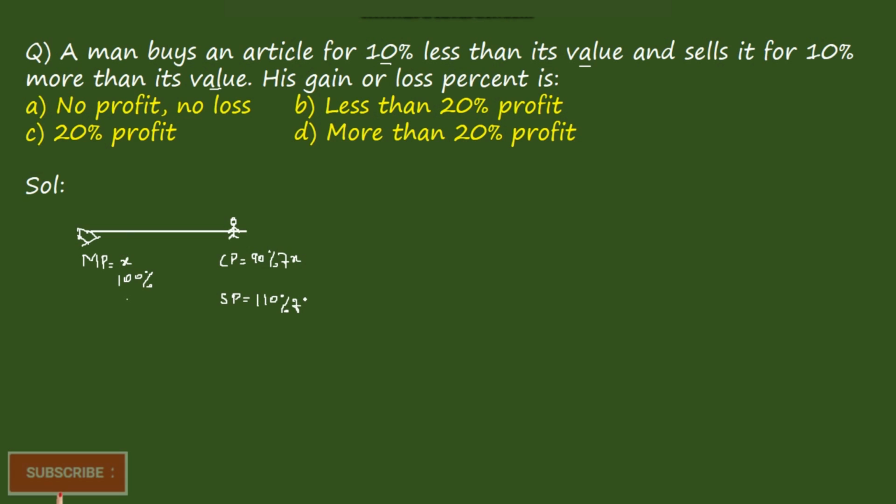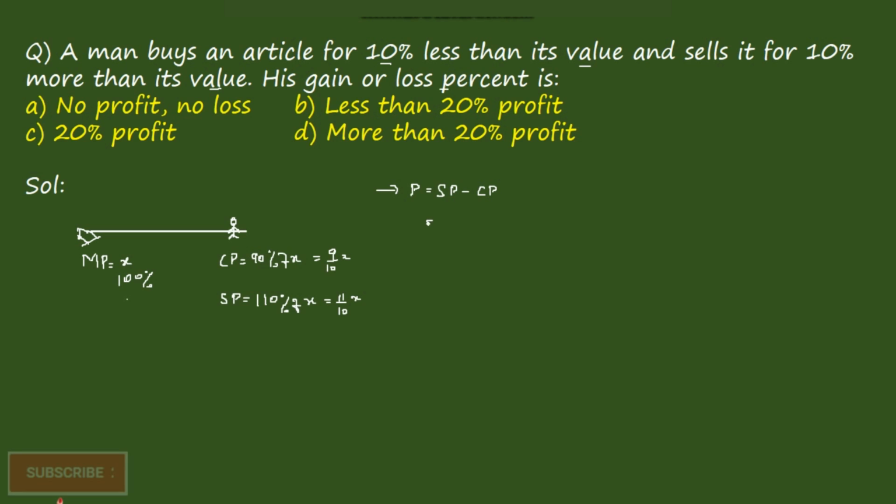percentage of X, right? Now they're saying his gain or loss. Okay, you have to find if it is a loss or a gain. First we're defining the profit, which is equal to nothing but selling price minus cost price. If it is negative, it becomes loss, right? Selling price, which is equal to nothing but 110% of X, means it becomes 11 by 10X, right? 90 percentage of X means it becomes 9 by 10X.